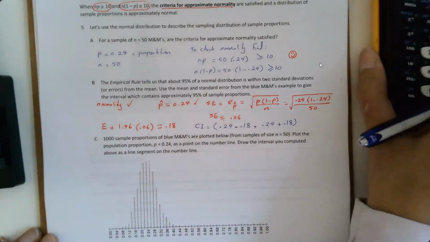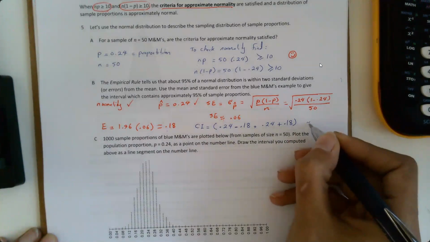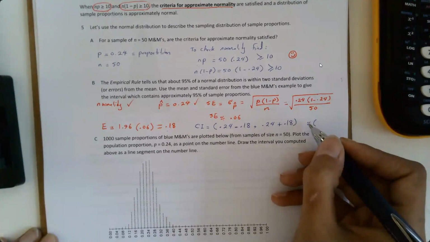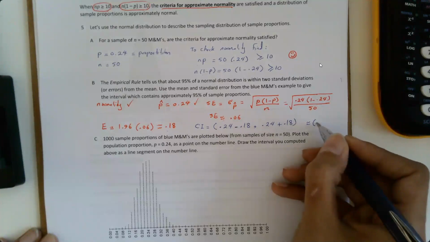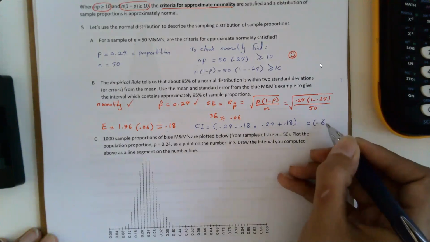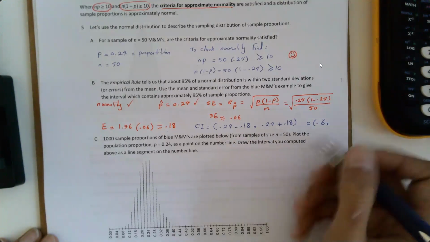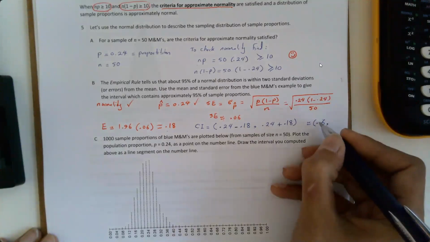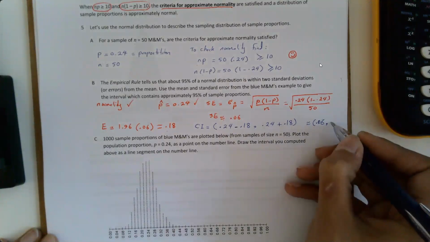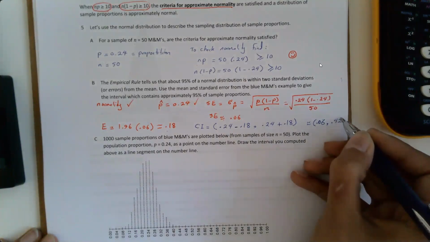So the confidence interval is approximately 0.06 and here I have 0.42.